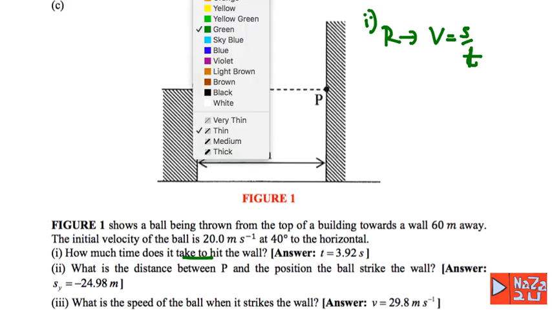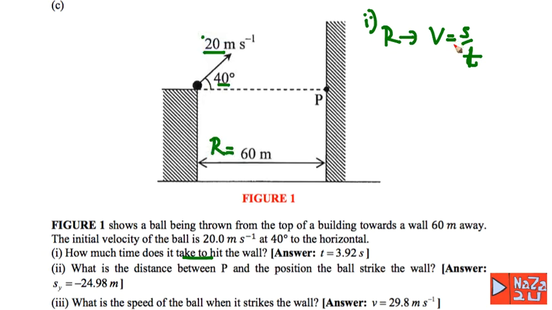Now the range here, s or r, is equal to 60 meters, and this v is vx because we are talking about the horizontal. So this is divided by t, so t is equal to 60 divided by vx.